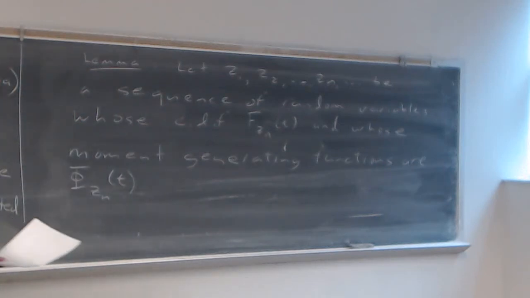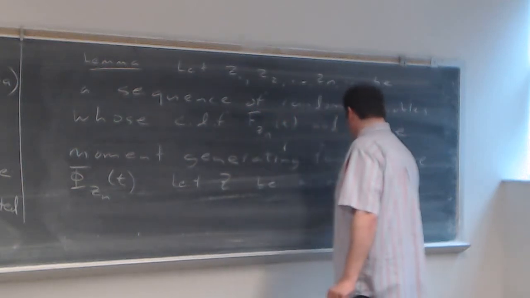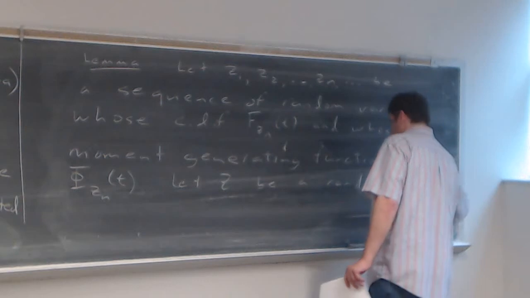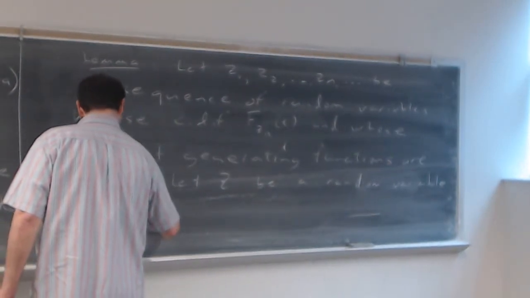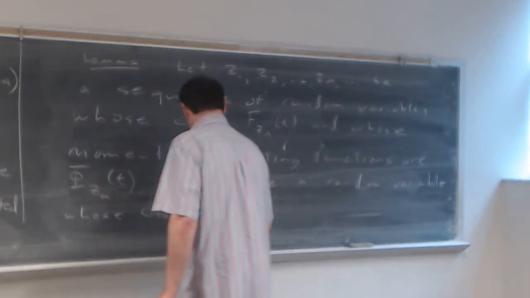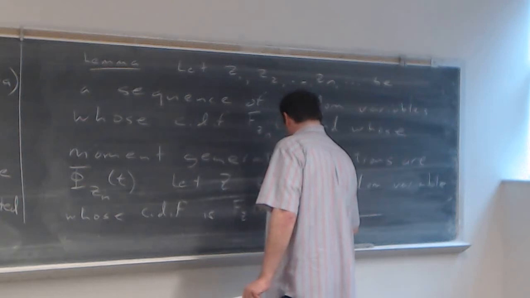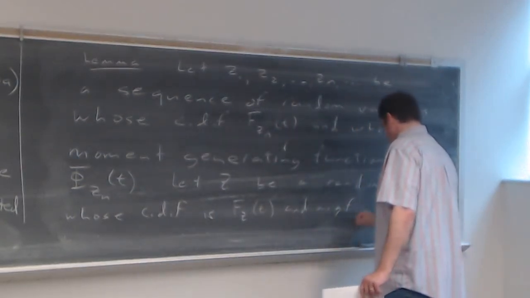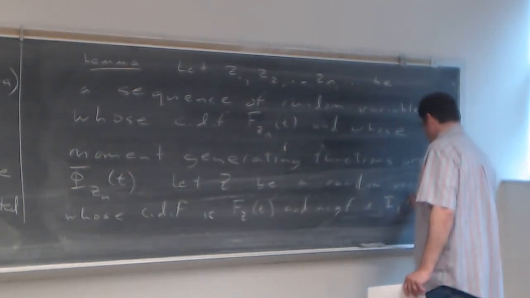We're going to let Z be a random variable whose CDF is F sub Z of t, and moment generating function is phi sub Z of t.